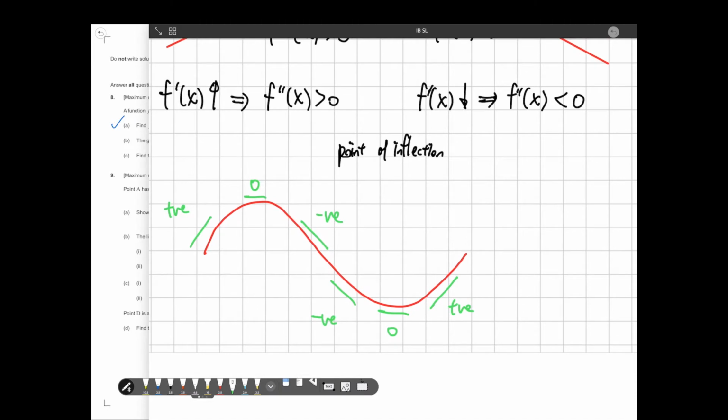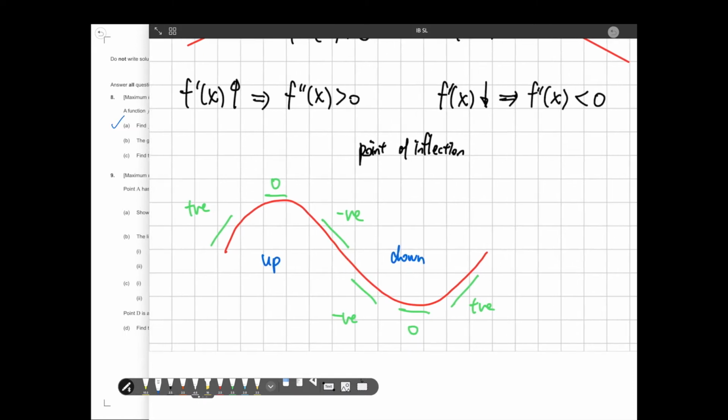Right, we have all these values. We can see that this goes from concave up to concave down.